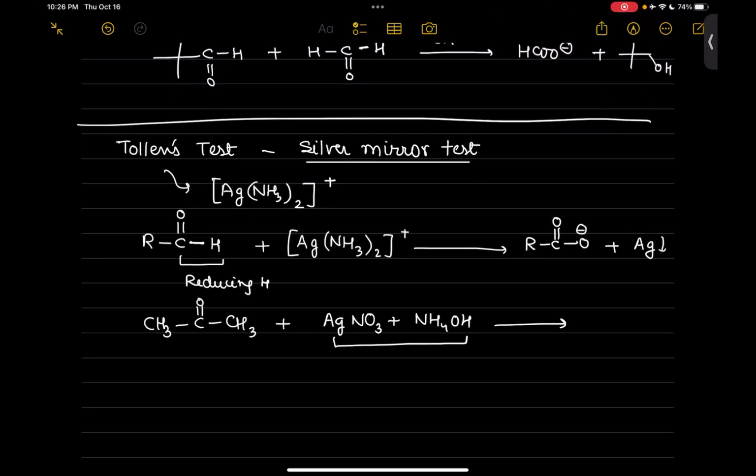Then what will happen to the ketone? That's what I'm asking. The ketone, will it get affected or not?